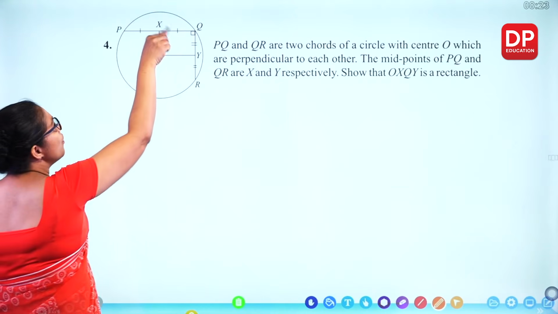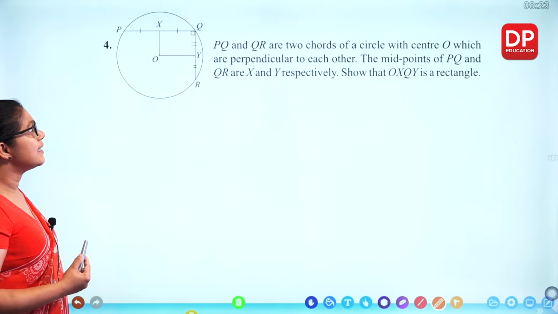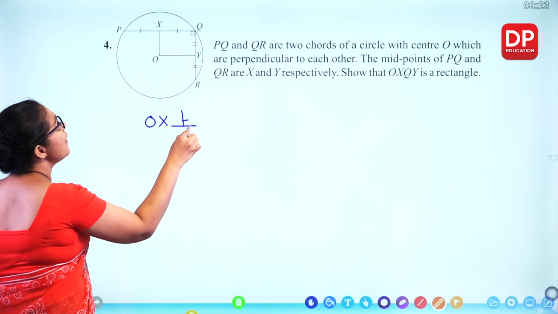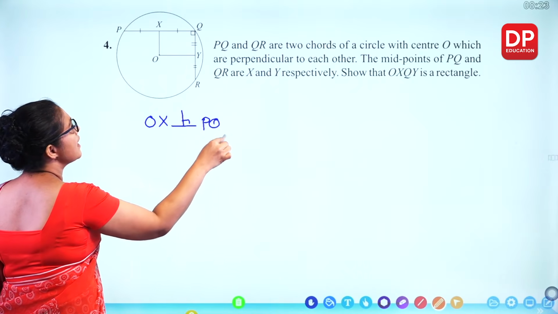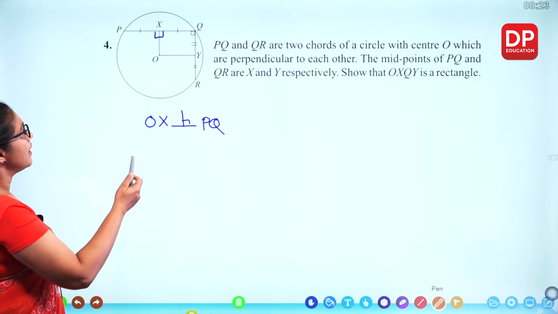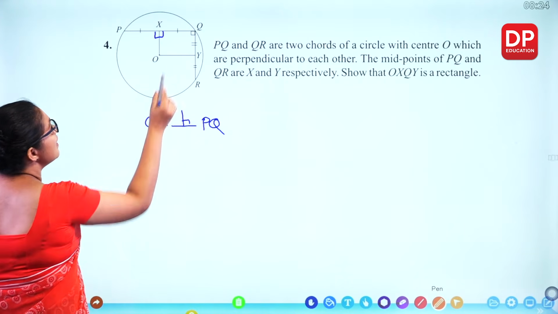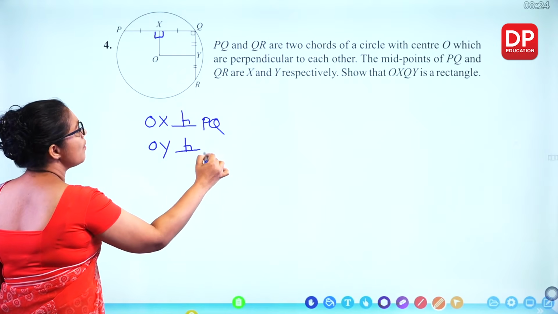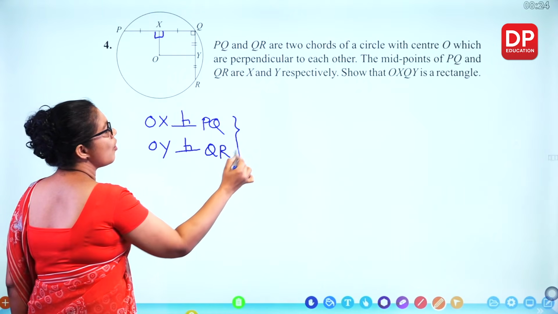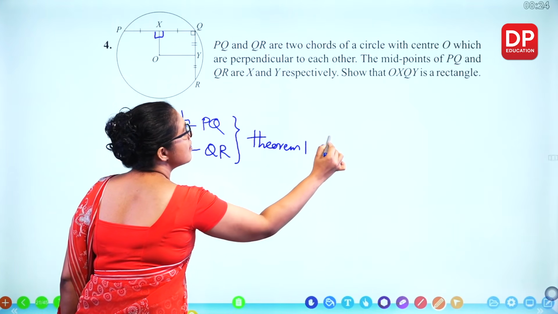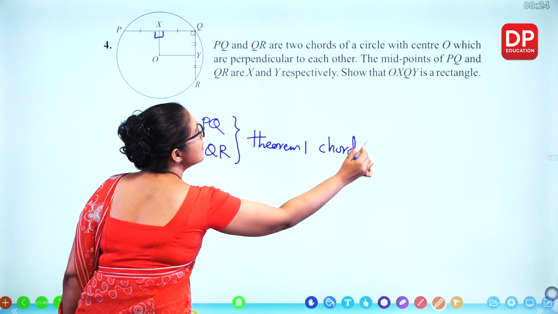When you look at the circle, we know that OX is perpendicular to PQ. That means this is 90 degrees. And also OY is perpendicular to QR, according to theorem number 1 we did in this lesson.